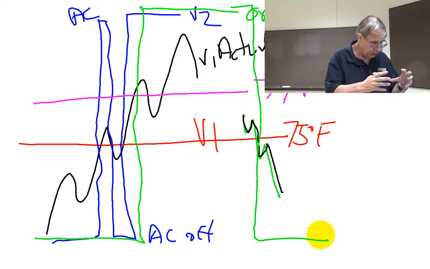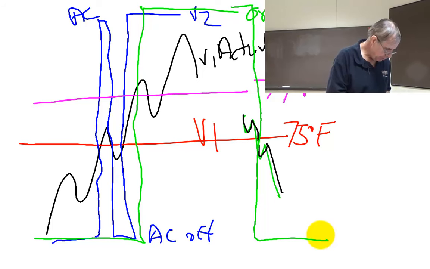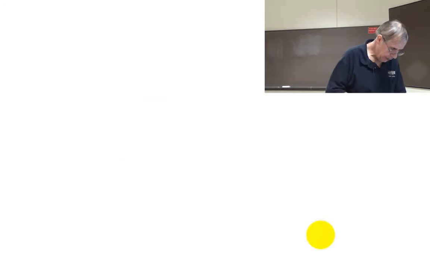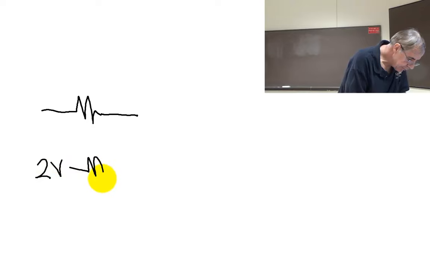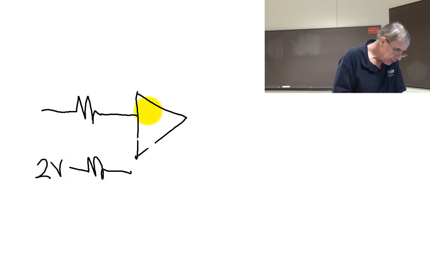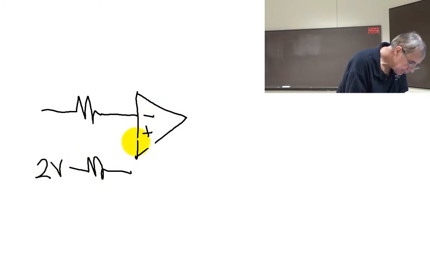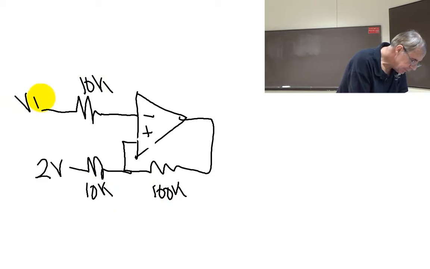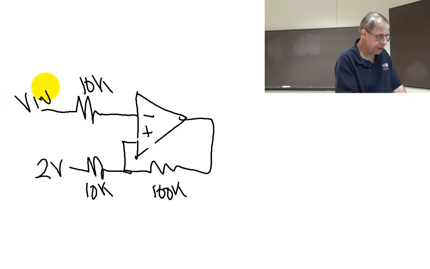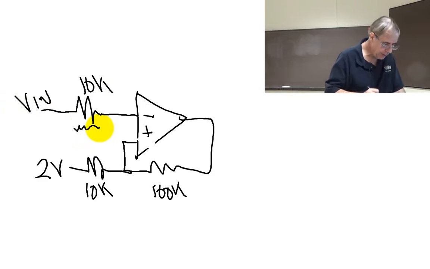Okay, so let's erase Control C. Black. Okay. This resistor is optional. Okay.